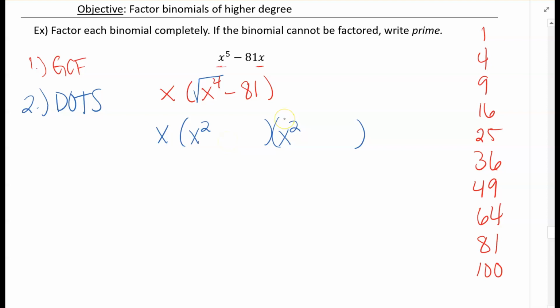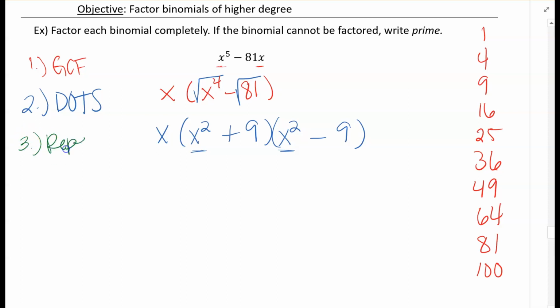So 2 plus 2 would give you 4, okay? All right, anyways, and then the square root of 81 is going to give you 9, and then we're going to add and subtract, okay? So plus or minus. Notice this time though, I do have x squareds again. So you want to repeat as necessary. So now you want to check for DOTS again.